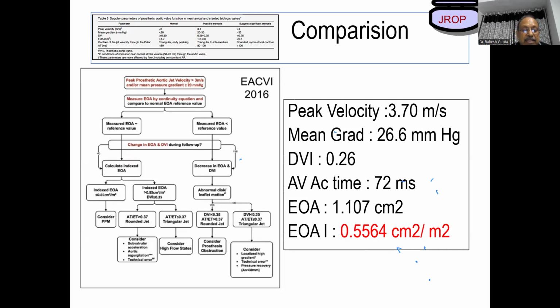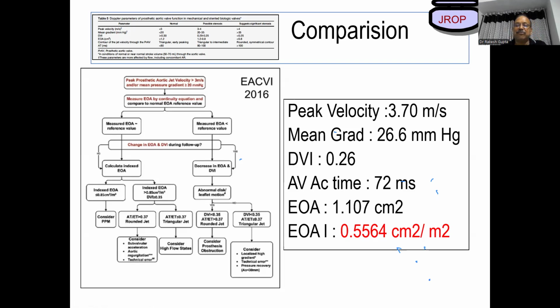PPM. In the same chart, if the index orifice area is more than 0.85, then we look for the Doppler velocity index. This is 0.3, this is 0.26, it's 0.35. Based on this, we go to high flow state or other issues in aortic valve replacements.